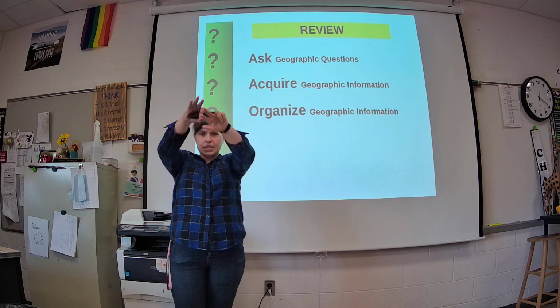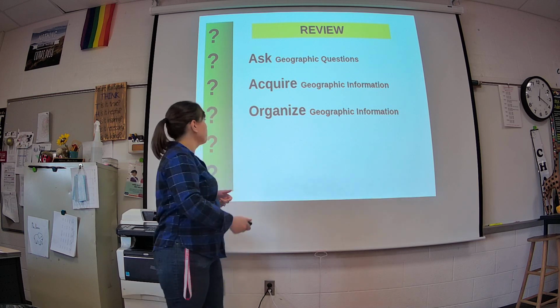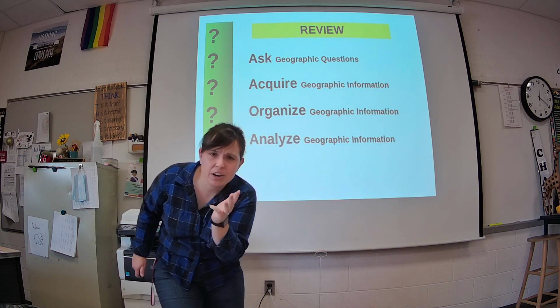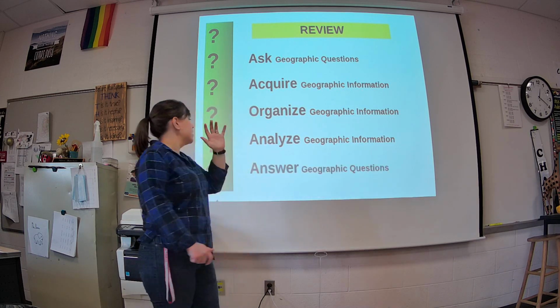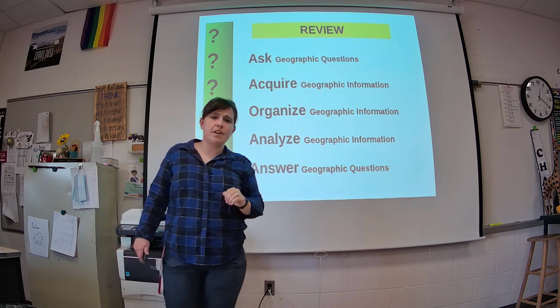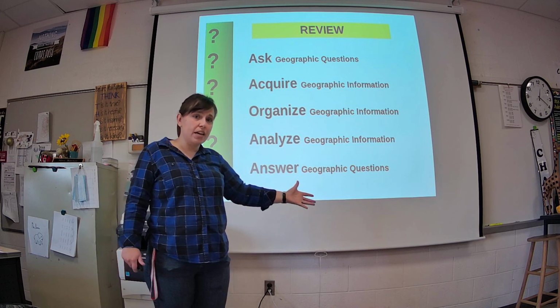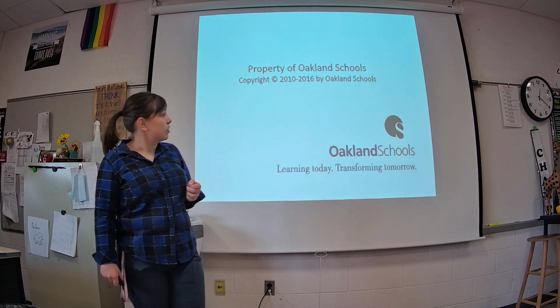We want to look at them in a nice, neat presentation that's easy to understand. 4, we're going to analyze the geographic information. We're going to look for patterns, see if we can figure out what that missing puzzle piece was to solve this. And then finally, 5, answer the geographic question. Okay, now after looking at everything here, do we have our answer? Let's see. So that's what we're looking at when we're taking a look at it.